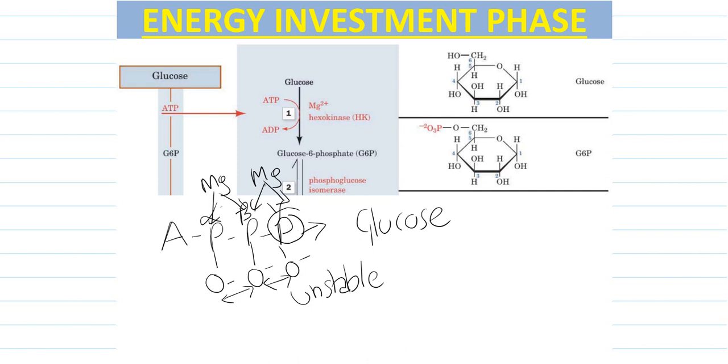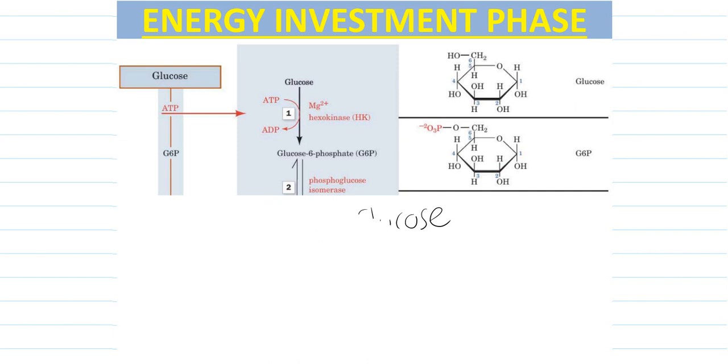Also, you must be wondering why glucose has been phosphorylated. There is an importance of phosphorylation of glucose. Glucose has finally entered inside the cell, and it is required inside the cell to undergo the process of glycolysis.